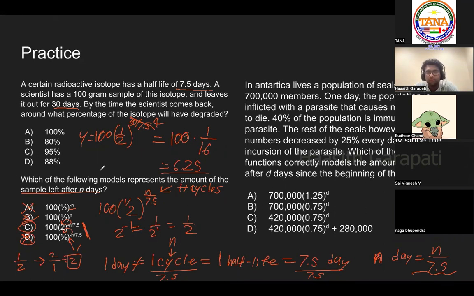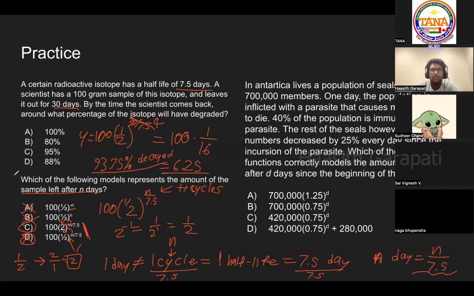So that means that there's 93.75% of the sample that has decayed or degraded.